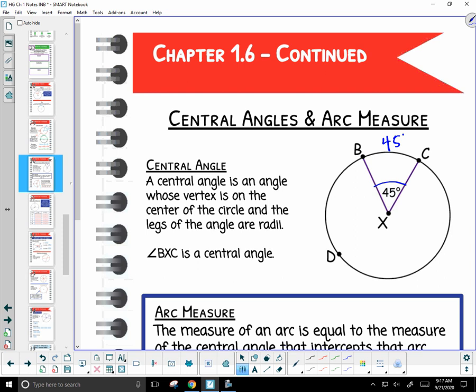The measure of that central angle defines the arc measure. So if an angle is 45 degrees, the intercepted arc is also 45 degrees. The intercepted arc is the arc that the angle opens up to. Think about an alligator mouth: here's my teeth, this is the arc it's intercepting. Does that make sense?